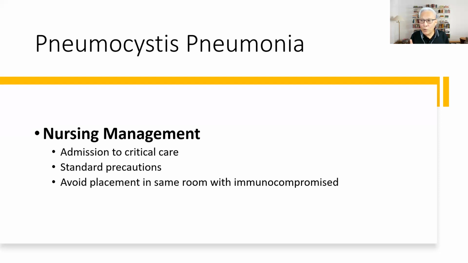PCP does not require respiratory isolation or airborne precautions. It only requires standard precautions. Obviously, you're not going to place them in the same room with somebody who is immunocompromised, because if you put them with a patient with cancer, obviously the patient with cancer will soon get the pneumocystis pneumonia.